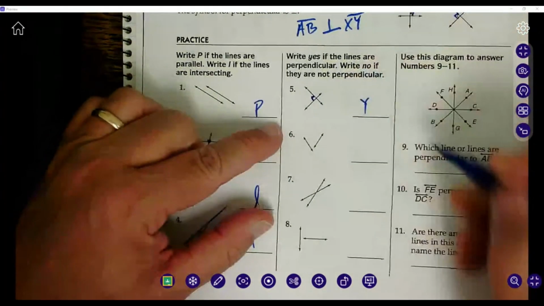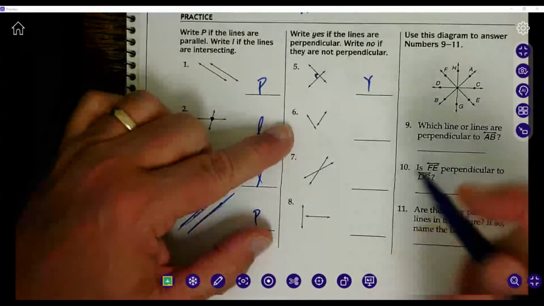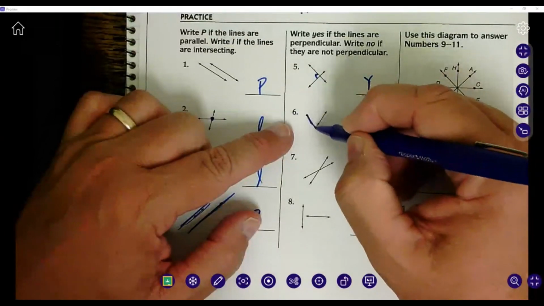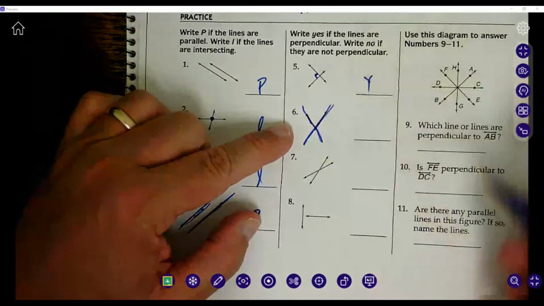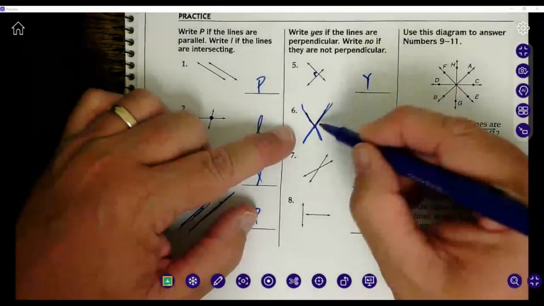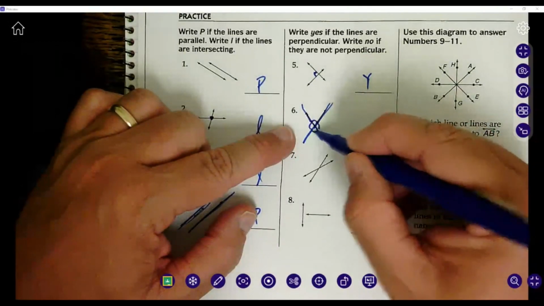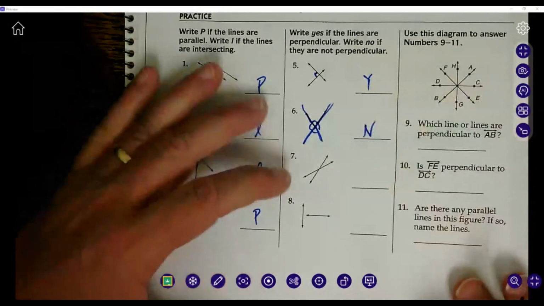So I would write yes, those are perpendicular. For number 6, even though they're not intersecting yet, if I extended these, I would get something like that, and that is not a right angle. None of those are right angles. So these are not perpendicular.